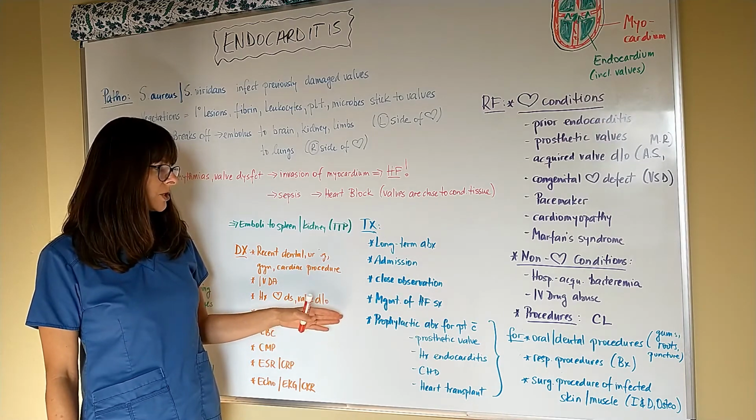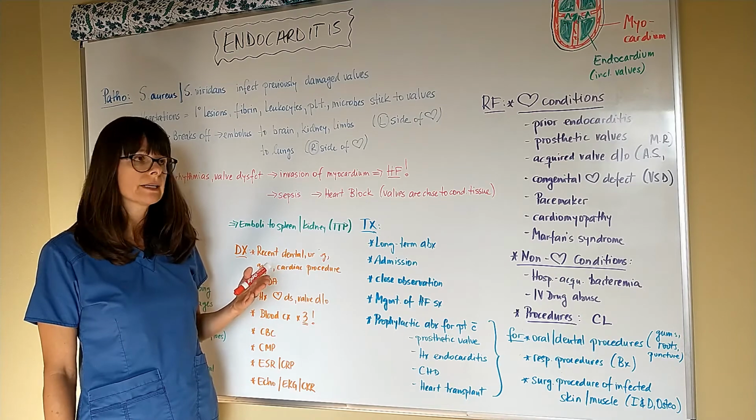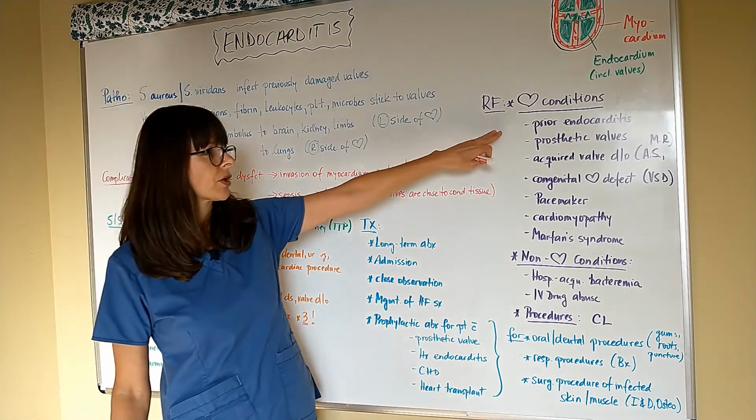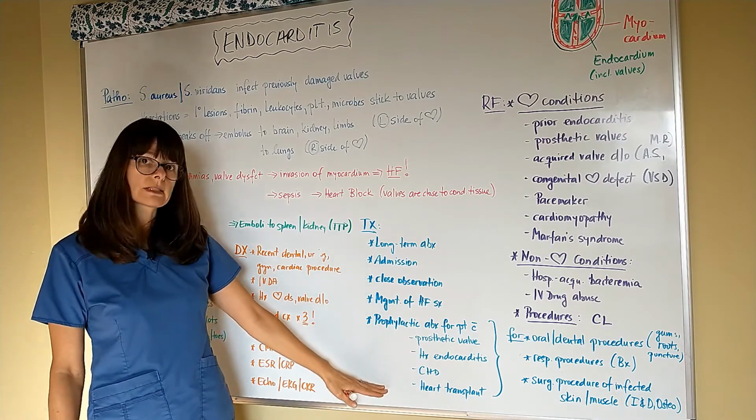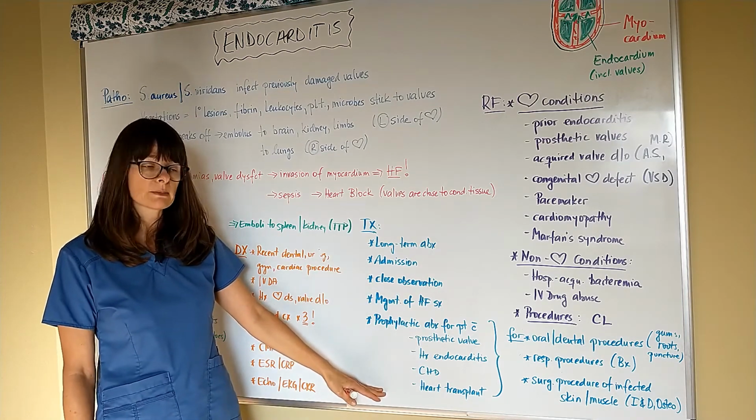And then if the patient gets over this bout of endocarditis, as we learned here, prior endocarditis is a risk factor. So for any invasive procedures, they will need prophylactic antibiotics.